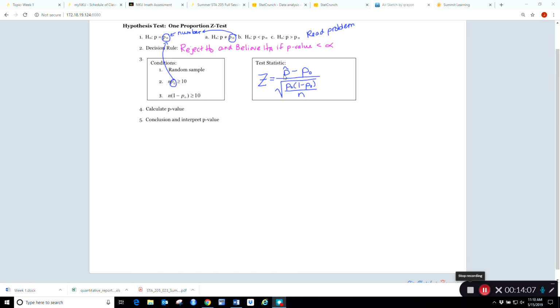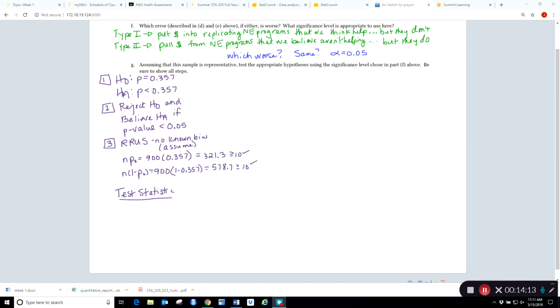I'm going to carry a few more decimals with our p-hat as we move forward. I mainly recommend doing this when you're doing homework, so that you don't have rounding done too early.